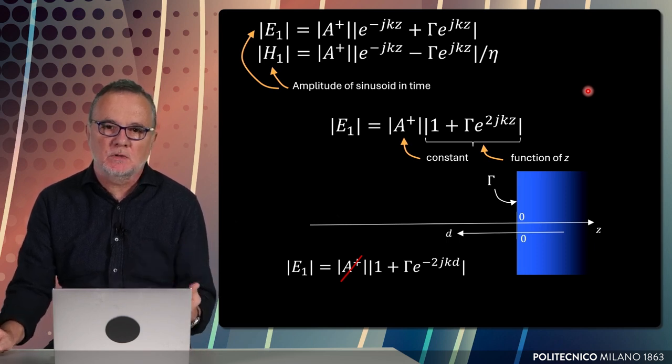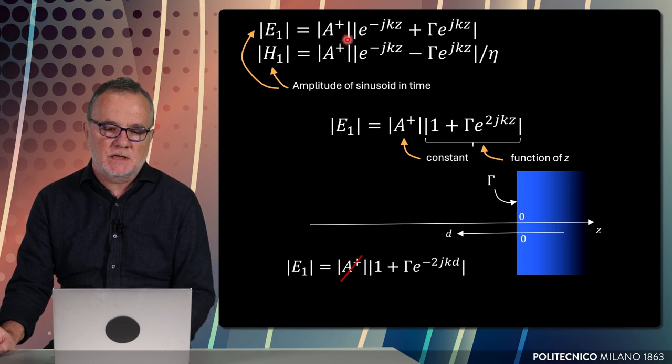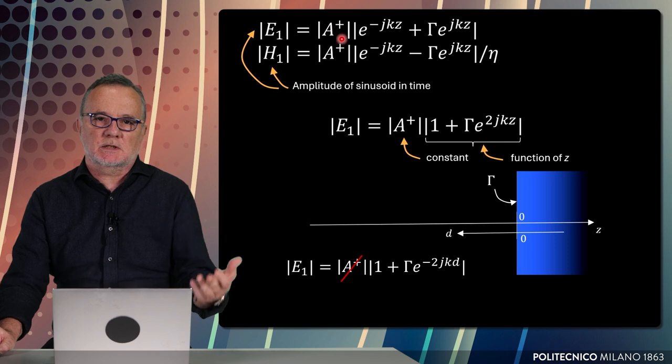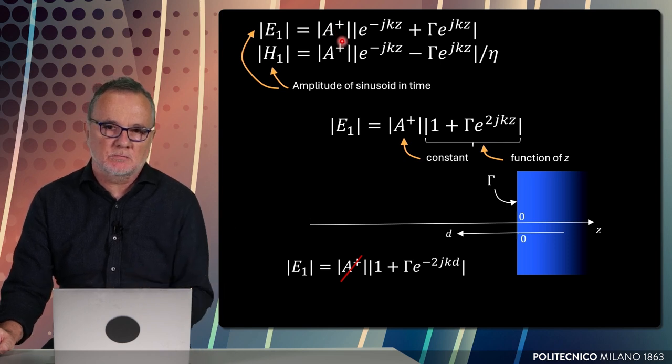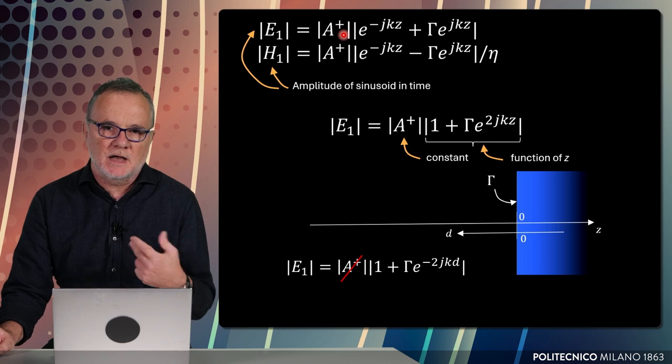This magnitude is, at each z coordinate, the amplitude of the sinusoidal function of time. As you see, there is this term that multiplies everything, the amplitude A+, and this term can be considered as a multiplicative constant, which is not very interesting. It's associated to the value of the amplitude of the incident electric field.